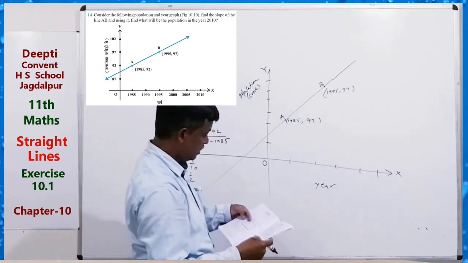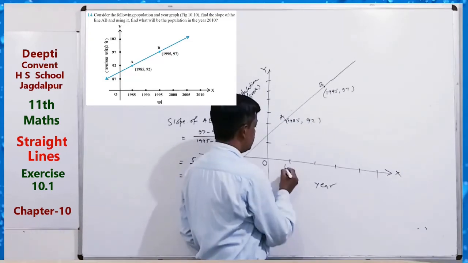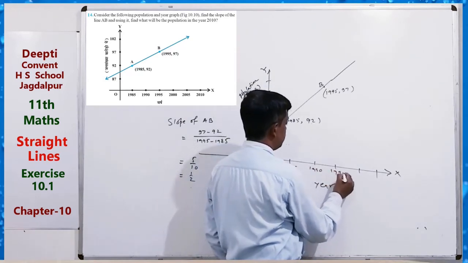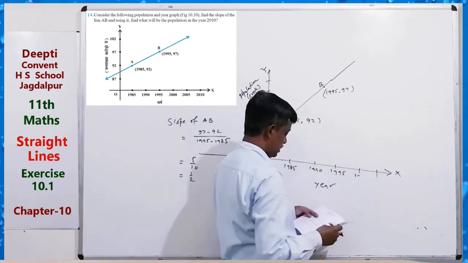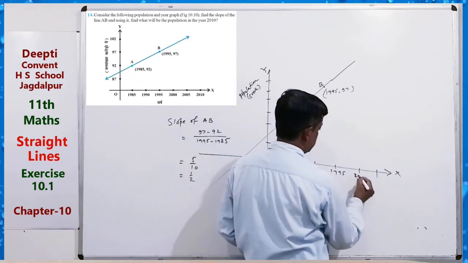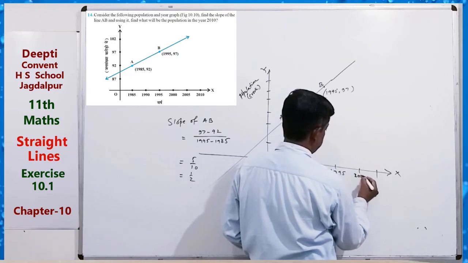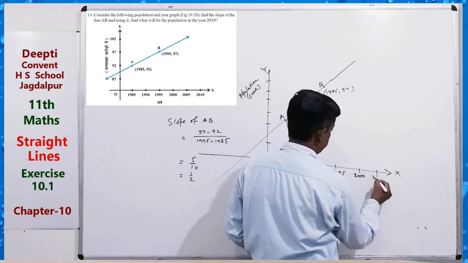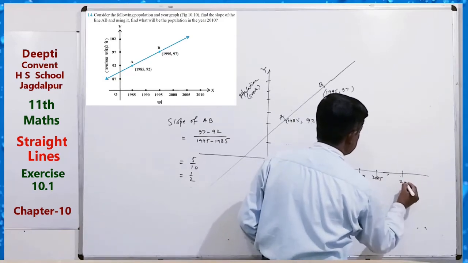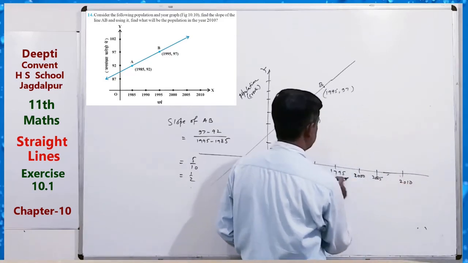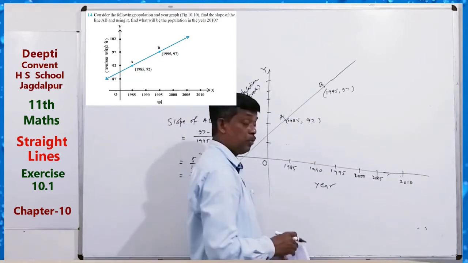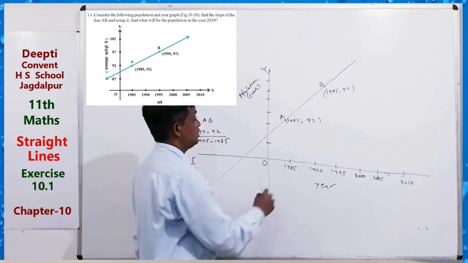Here writing years: 1985, 1990, 1995, 2000, 2005, and here 2010 is this, 1, 2, 3, 4, 5, 6. Here also 1, 2, 3, 4, 5, 6 is given. Now we have to find the population.